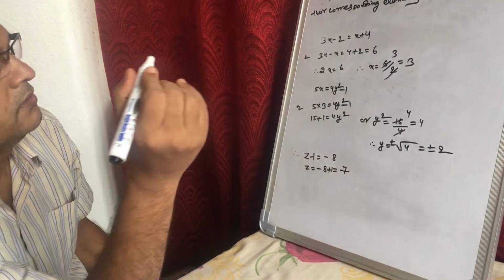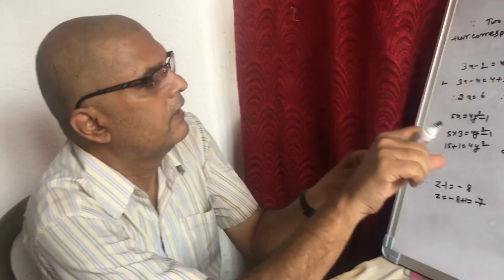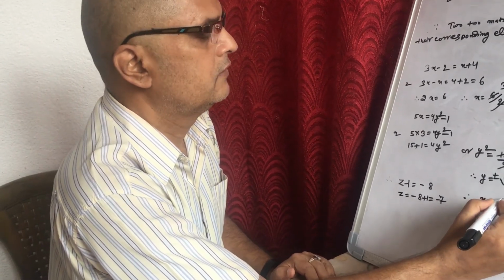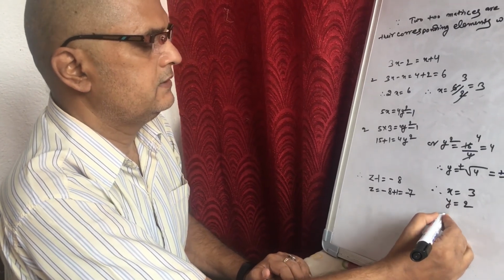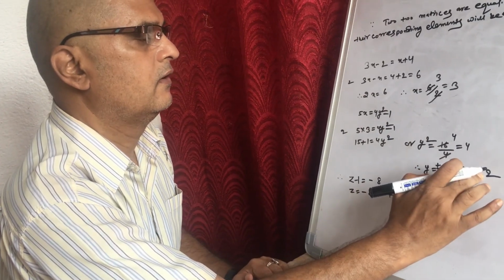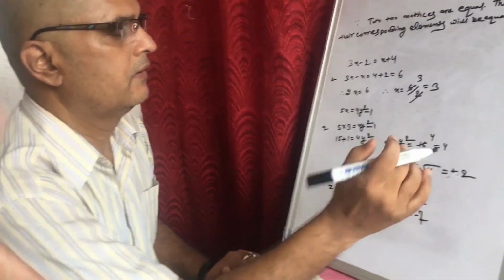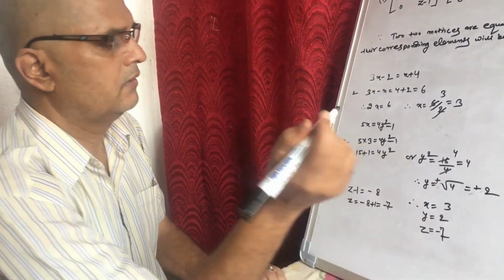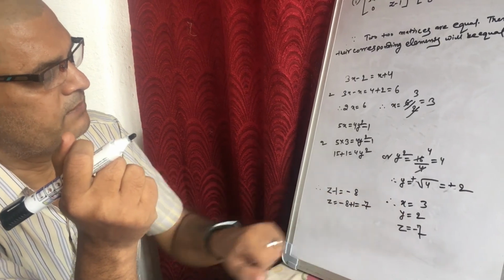So the values are x is equal to 3, y is equal to plus minus 2, and z is equal to minus 7.